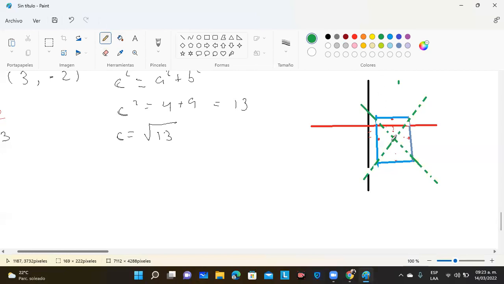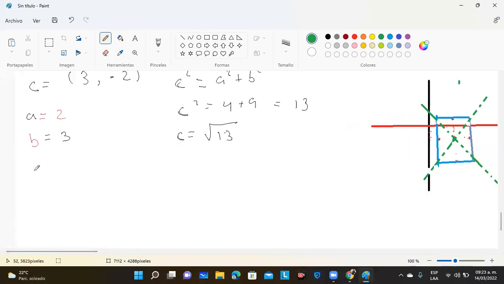Okay, so now we have the center. We need to find the vertex. The vertices are going to be at h plus or minus a, comma, k. This is going to be the center. So the center is equal to 3, that is the h.